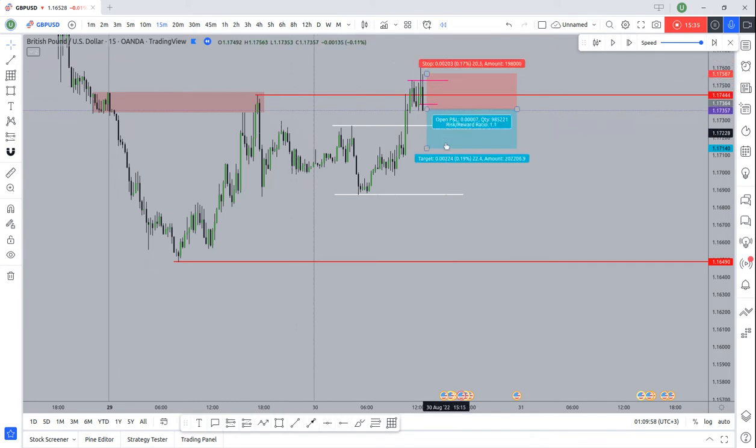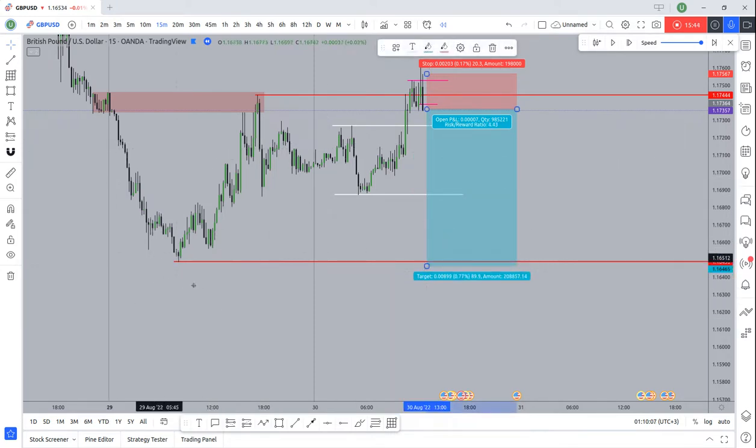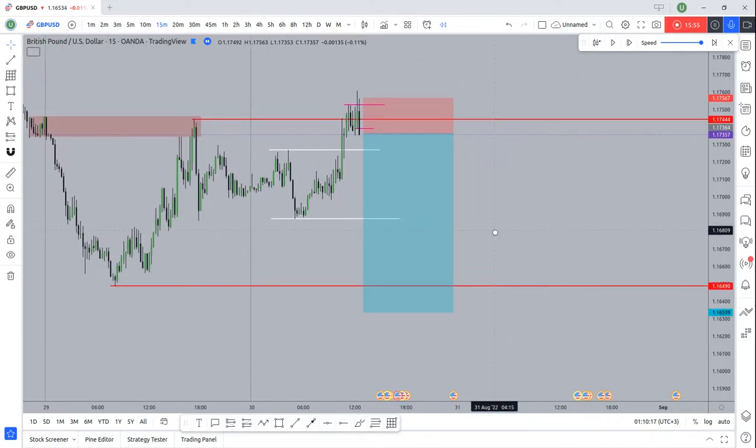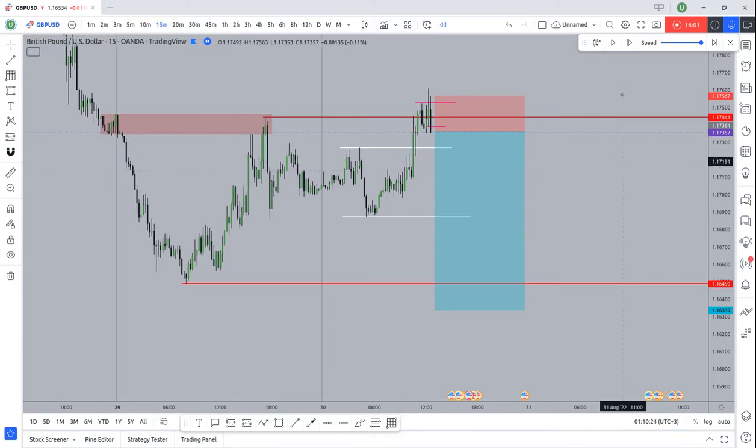This scenario here or this small imbalance in here? You choose. And my target was this old low, and I took 100 pips, and on EU I think I caught about 60 pips. Together it was about 150 pips.